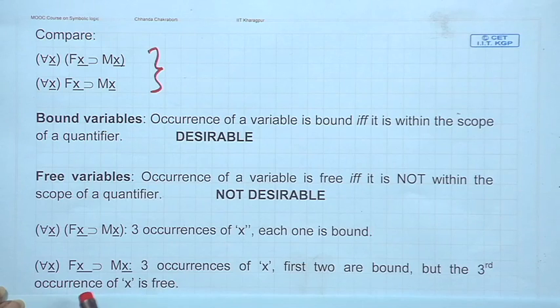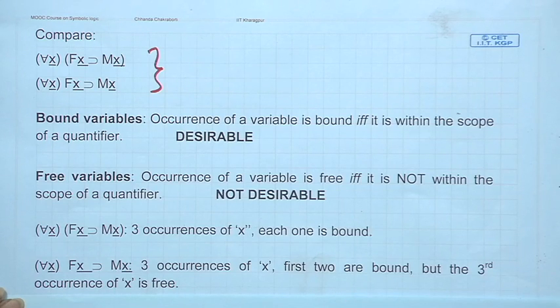There is no indication that this one lies within the scope of this quantifier. So, this third occurrence is free, and this is a sentence that we cannot allow syntactically as a properly formed or well formed sentence, and we do not know how to read this also. So, this is not a desirable situation.